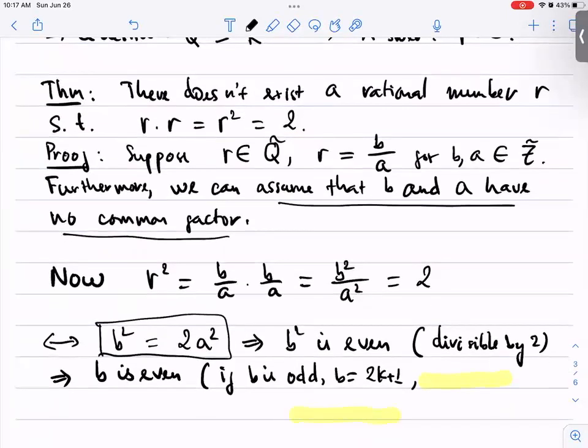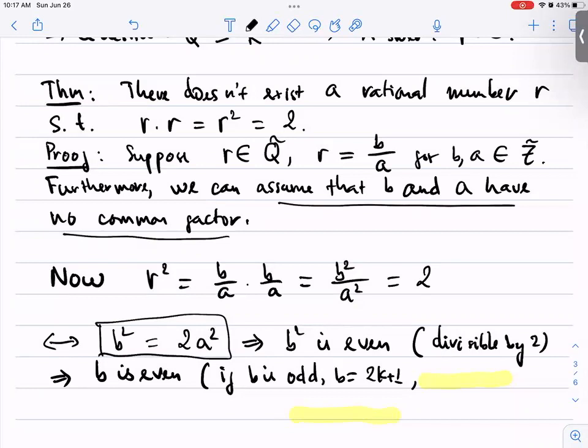The first indicator is the following theorem, which says that there doesn't exist a rational number R such that the product of R with itself is equal to 2.